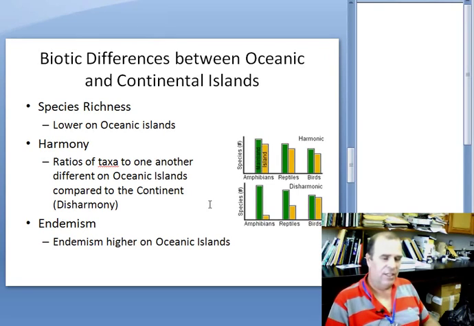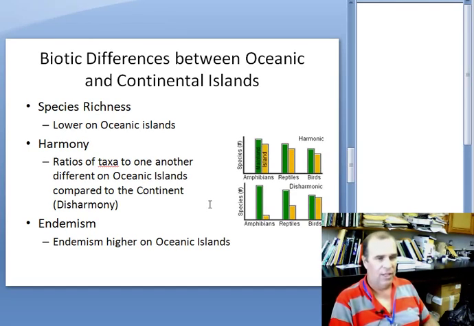Continental islands tend to be in harmony with the continental biota, whereas oceanic islands tend to be in disharmony with the continental biota. The reason for that is because the oceanic island biota has to pass through the filter of being good dispersers to be able to exist on these oceanic islands. So you're immediately going to have a subset of the biota from continents on your oceanic islands.